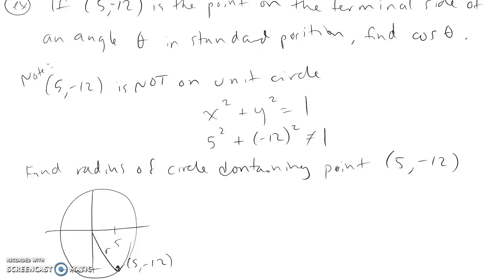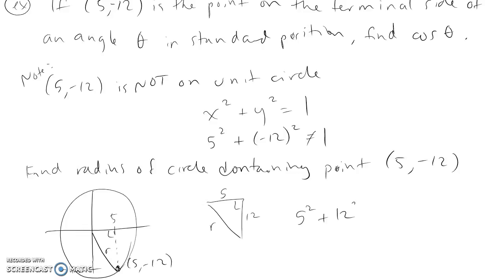Well, we can use our friend, the Pythagorean theorem, yet again. I have this right triangle with one side which is 5, the other side which is 12, and r is what we're looking for.